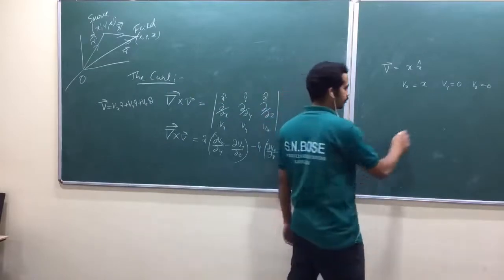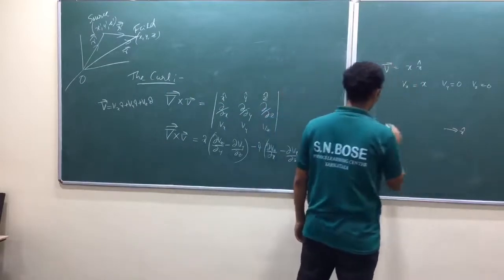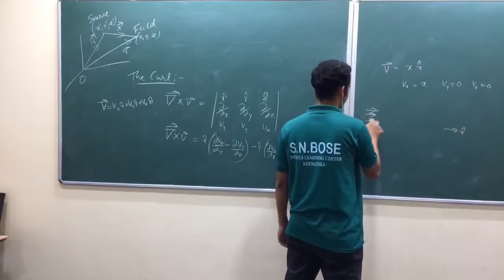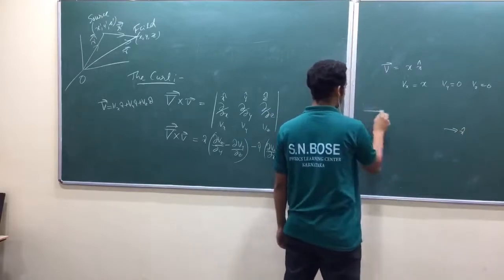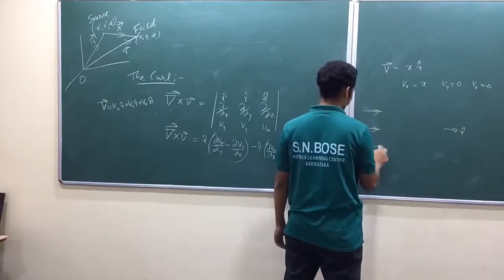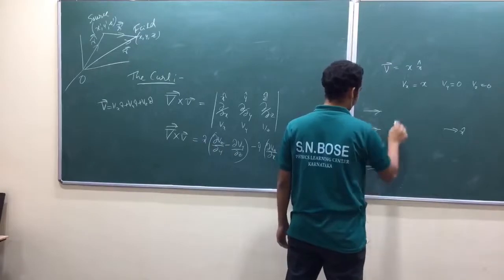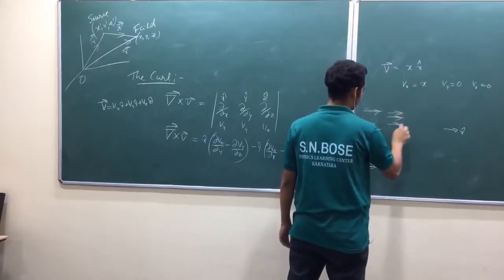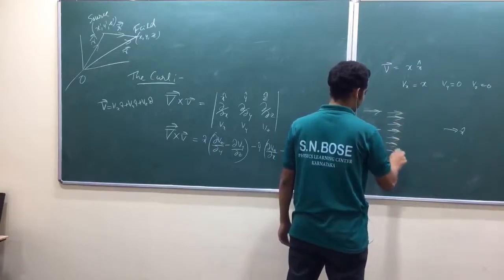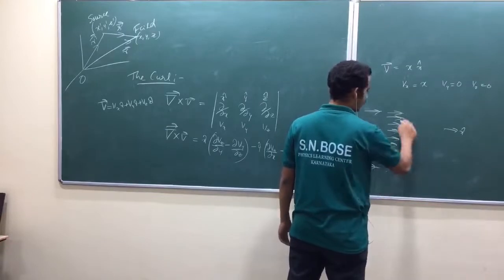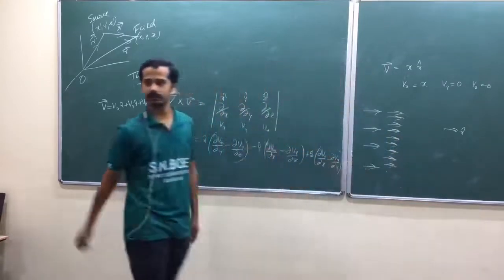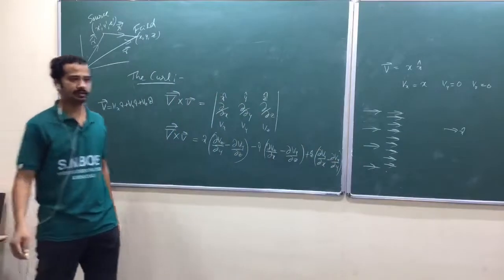So how do you draw that one? Suppose this is x cap. Like this. Am I right? Along the x-axis, the strength of the vector field should increase, isn't it?